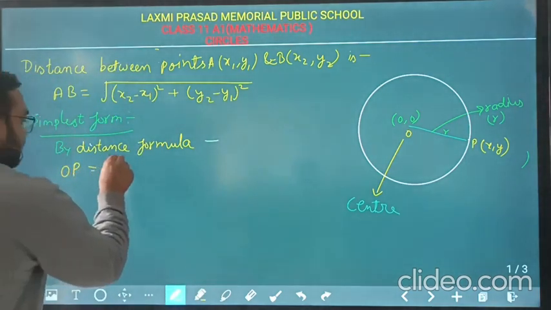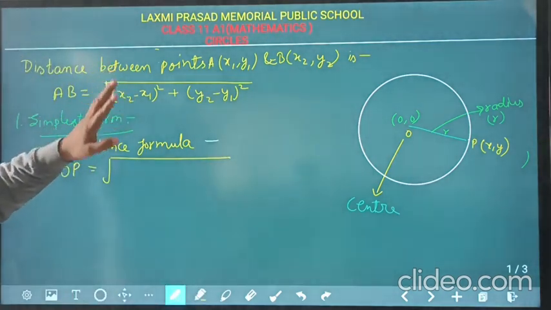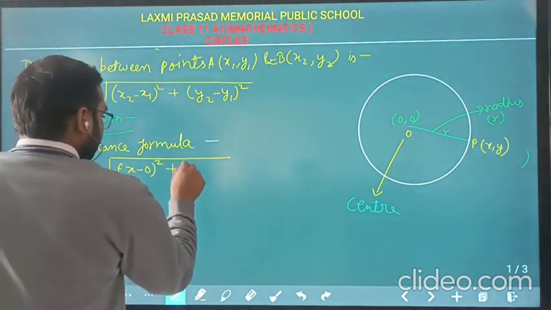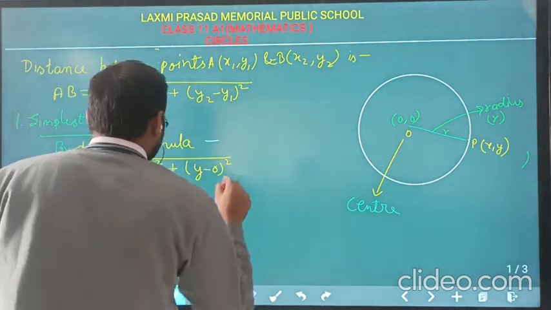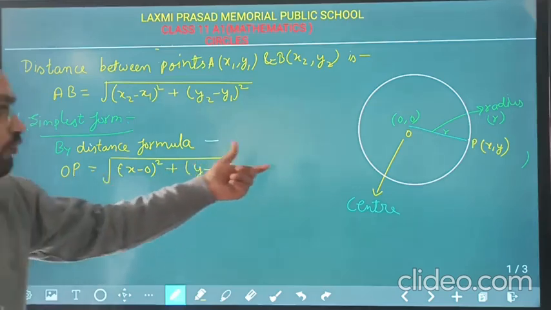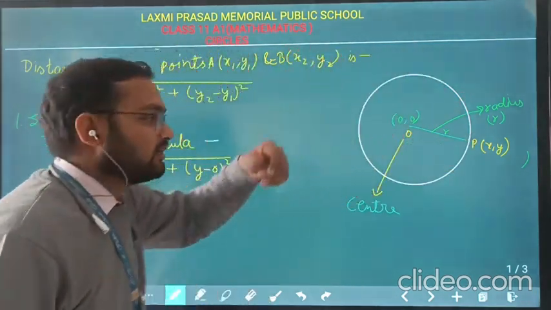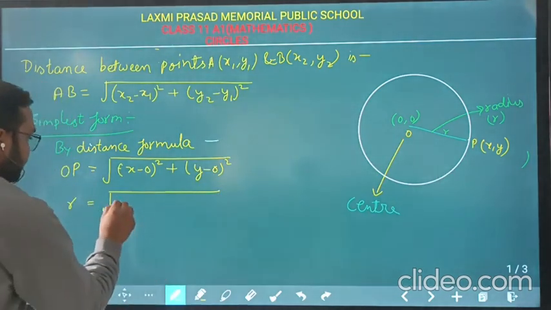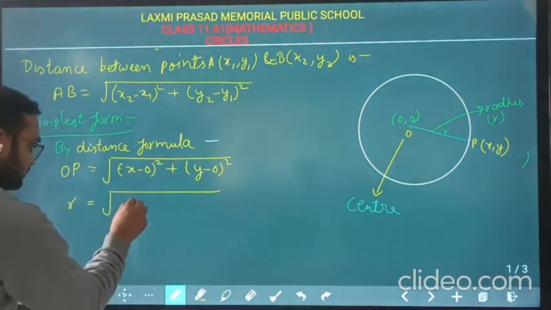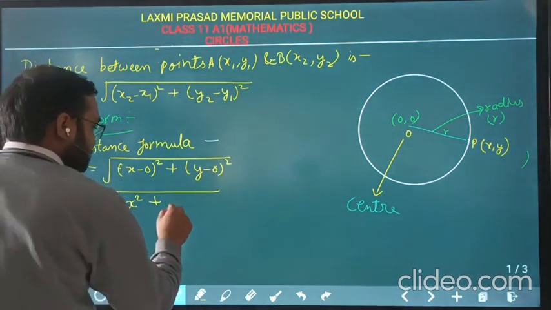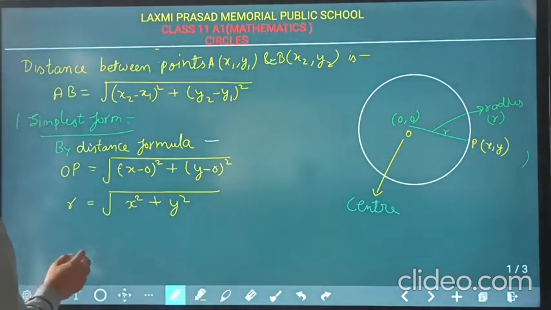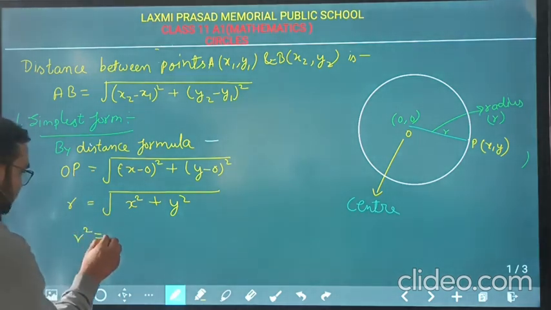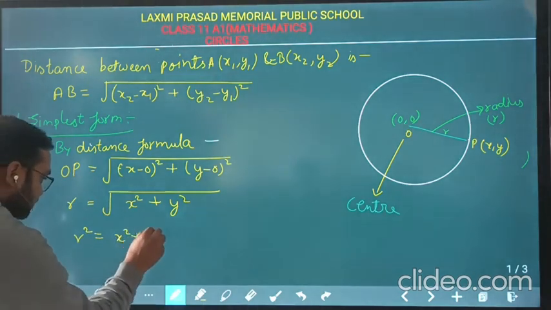OP is equal to under root, as per the given formula, x minus 0 whole square plus y minus 0 whole square. And OP is the radius, represented by R, so R is equal to under root x minus 0, that is x square, plus y minus 0, that is y square. On squaring both sides, we will get R square is equal to x square plus y square.